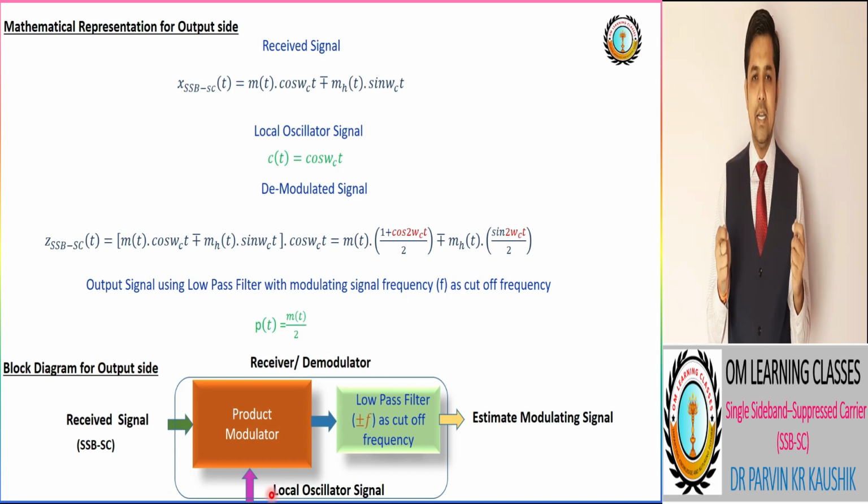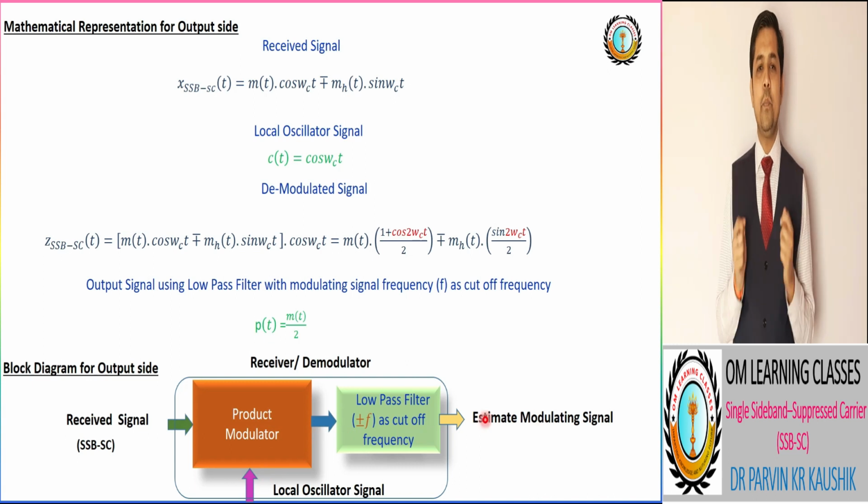Another outcome is the additional requirement of a local oscillator signal which is completely synchronized with the transmitter carrier in terms of phase as well as frequency. This additional requirement, due to the synchronous detector at the receiver, makes the receiver complex and costly, similar to the DSB-SC modulation technique.